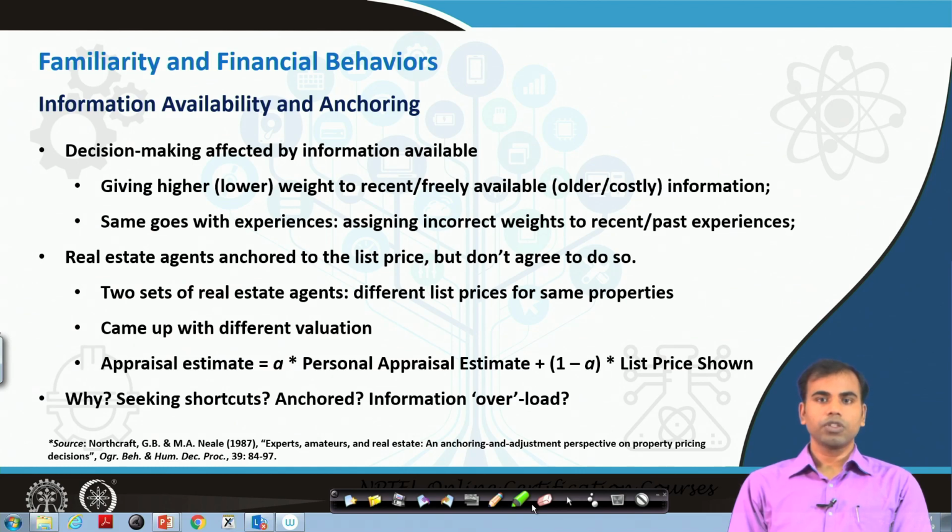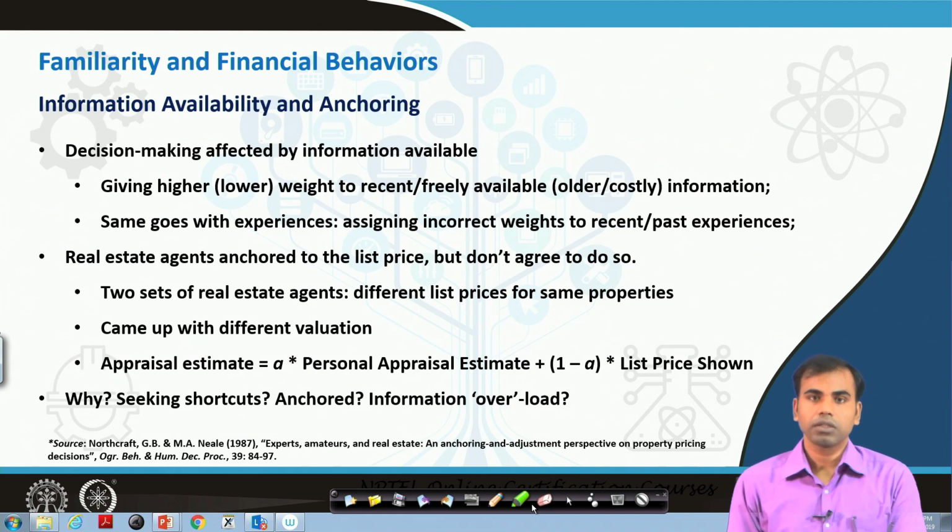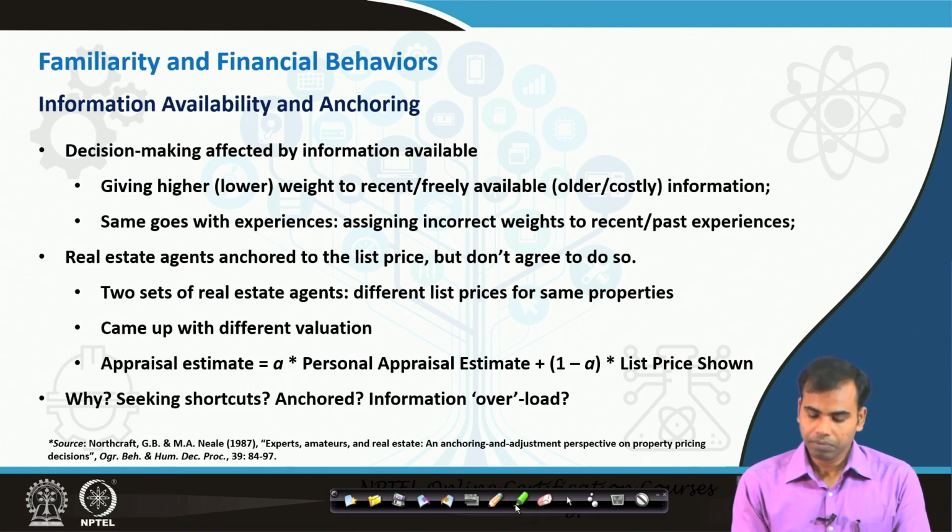Whereas, the experimental evidence shows that the valuation they had come up with was a function of their own appraisal in terms of their valuation estimates plus some estimate that was driven by the list price that they had been shown. So, their valuation of properties was a function of this equation.